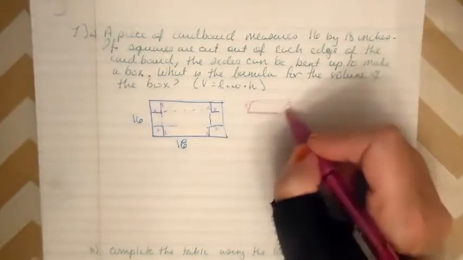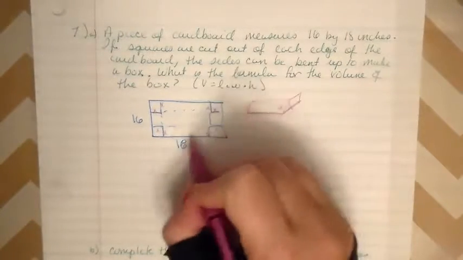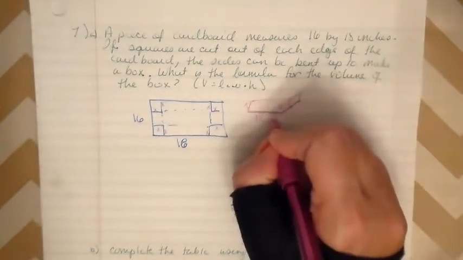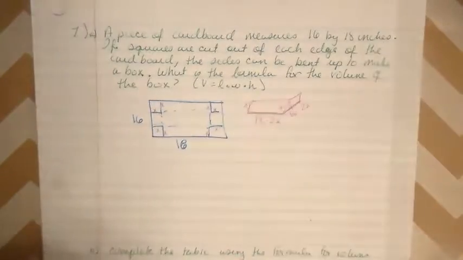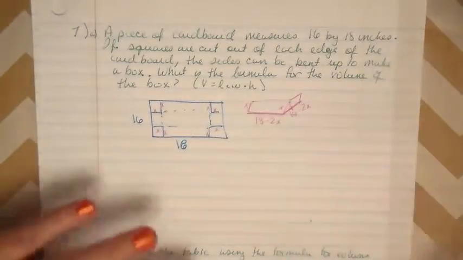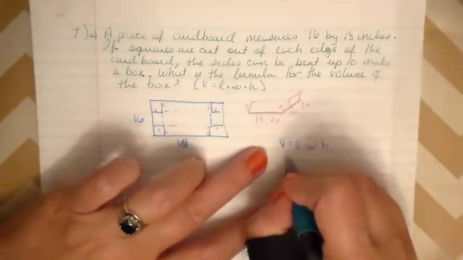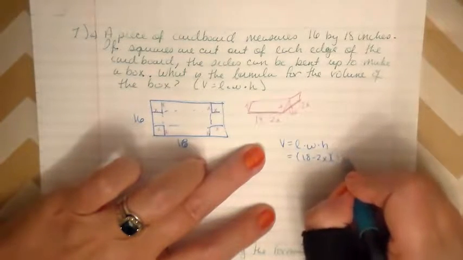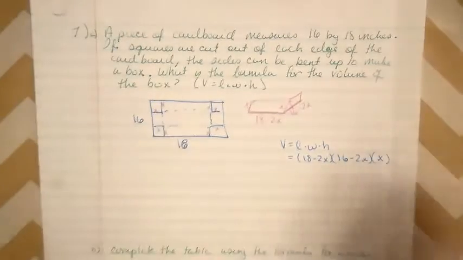My new length would be 18 minus 2 of them, and my new width would be 16 minus 2 of them. So my volume is length times width times height. That's going to be 18 minus 2x times 16 minus 2x times x.